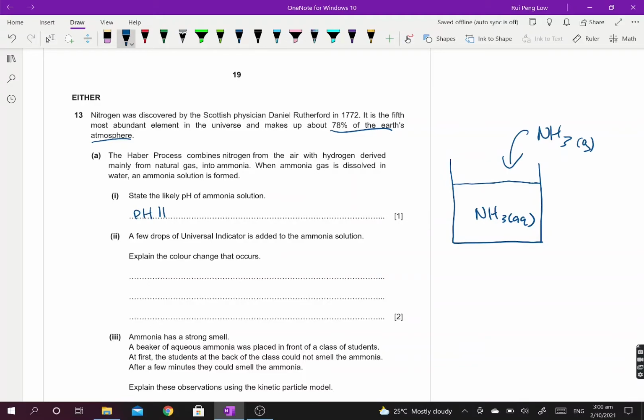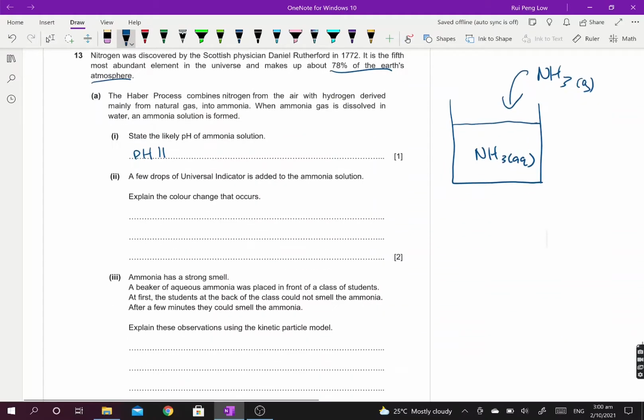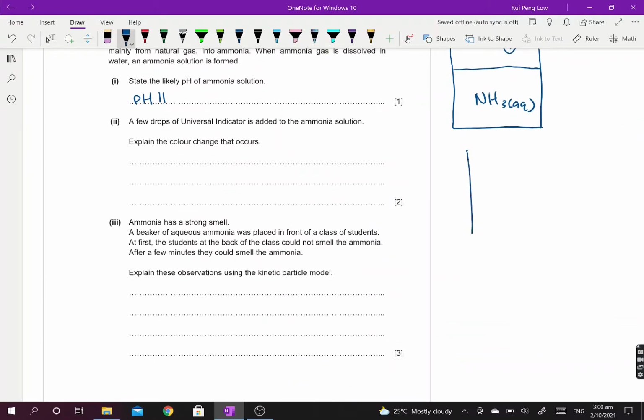So I would like to put pH 11. Okay, so if a few drops of universal indicator is added to the ammonia solution, explain the color change that occurs. Initially, when you only have H2O and you add universal indicator into it, the universal indicator will turn the water green because water has a pH of 7.